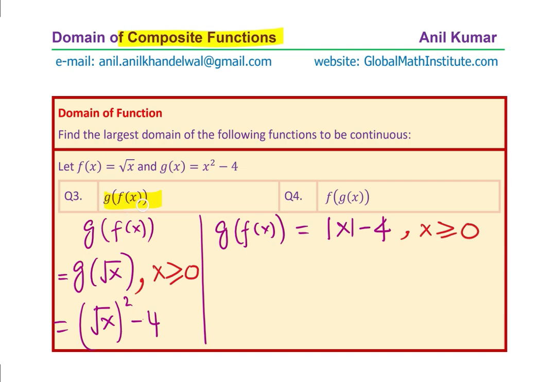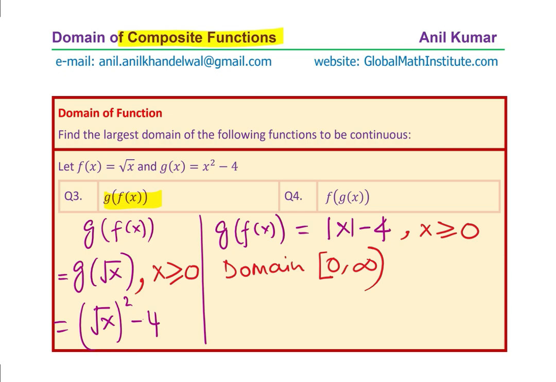So for the first part, where the inside function is f of x, which is restricted, the domain may not look restricted. However, the inputs are restricted. Therefore, the domain of this function is from 0, included, till infinity. That is how we'll write the domain of this function.